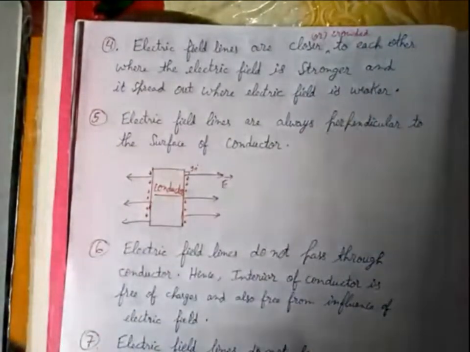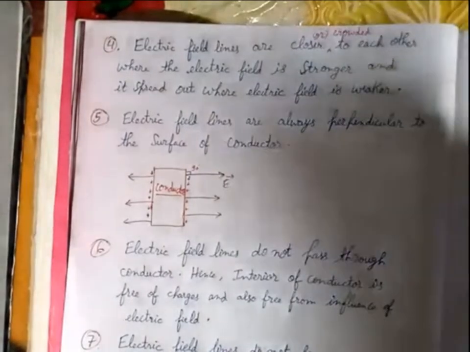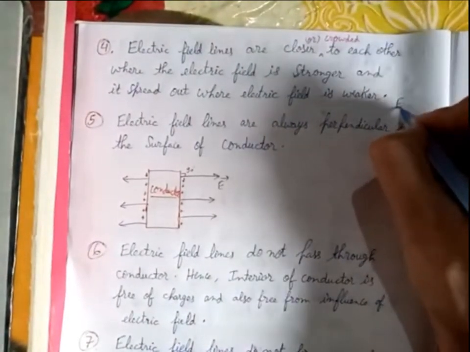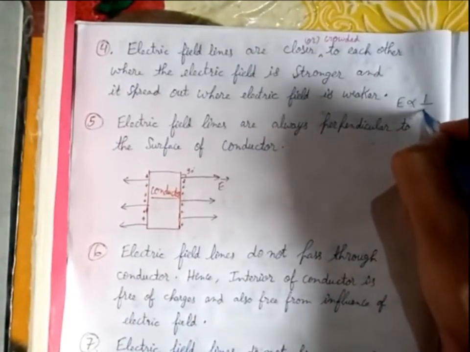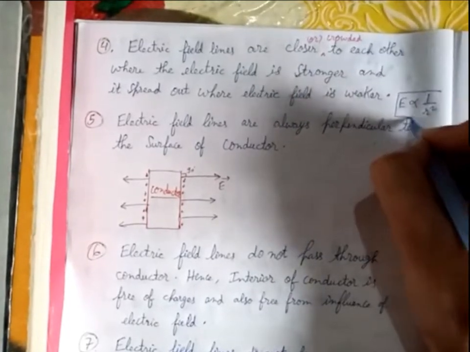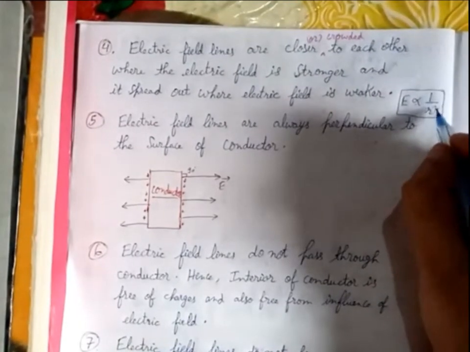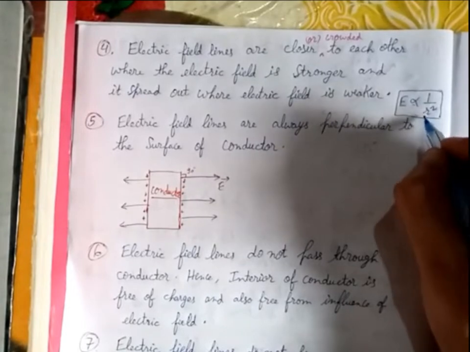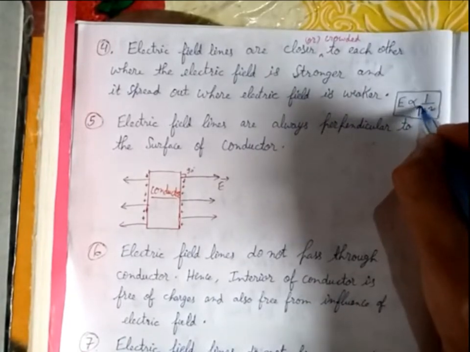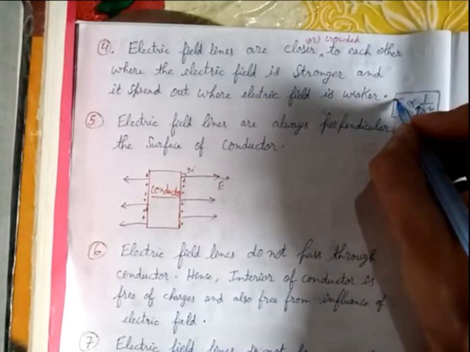This point is because we know that the electric field is inversely proportional to 1 by r square. We know that as the distance from the point charge is increasing, the electric field will become weaker.